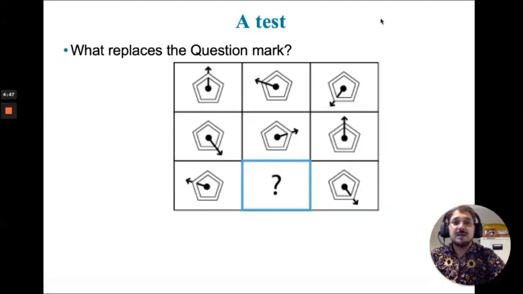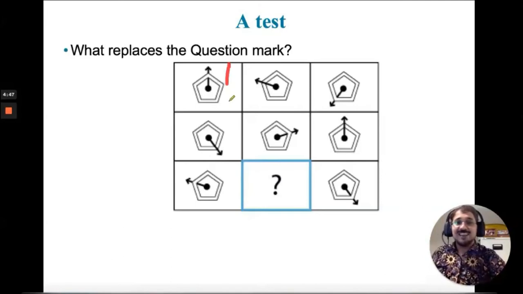If you look here, the arrow is under the pentagon, not over the pentagon. Did you realize this? You can say that it is a 90 degree, and then it changes by 45 degrees anti-clockwise.